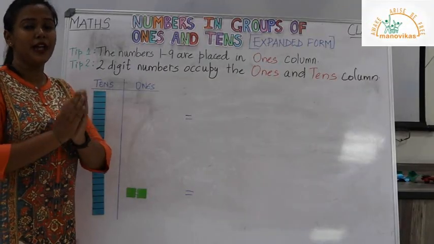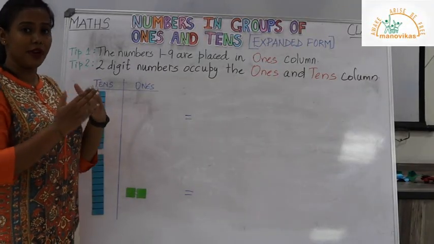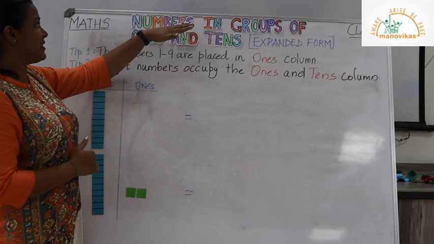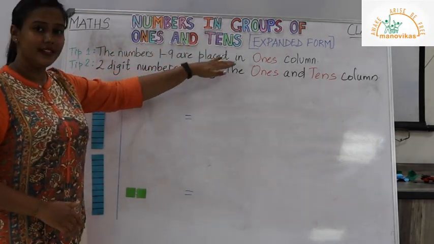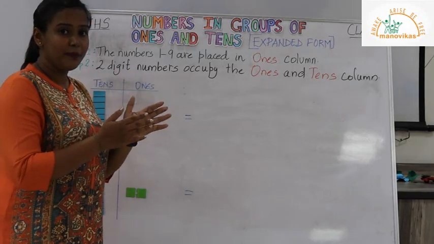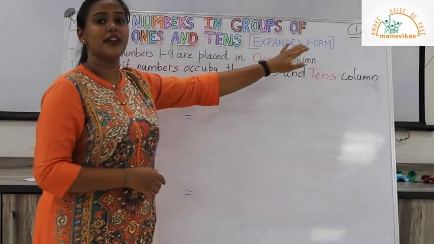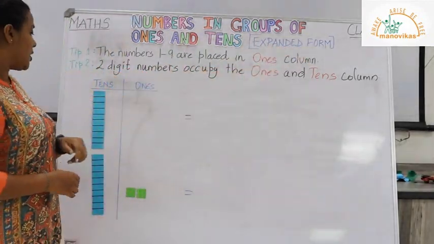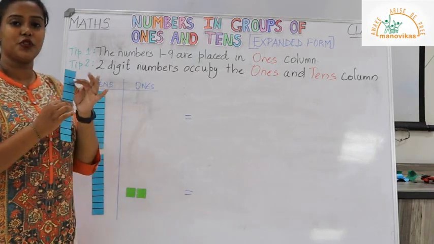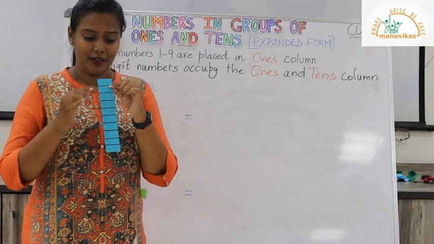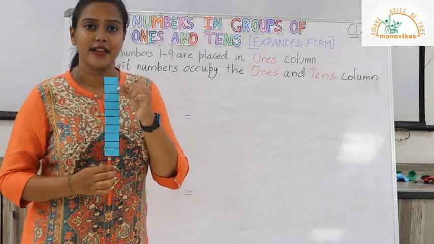So students, now that you know how to group the numbers in ones and tens, let us move on to the main part, that is writing the numbers in expanded form. Now here you can see a strip, and in this strip there are 10 rectangles.